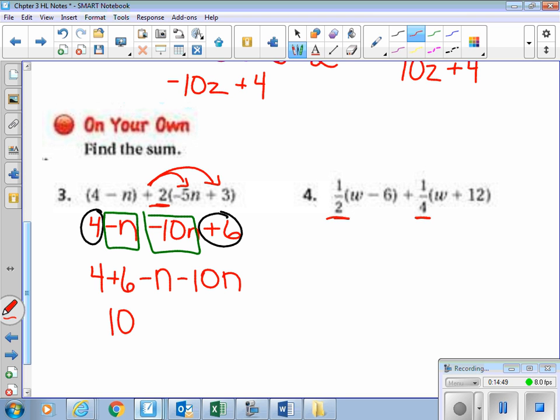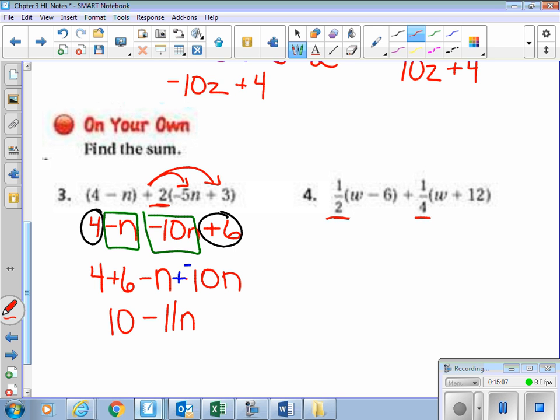Negative n minus 10n. When we subtract, remember we add its opposite, so that becomes negative n plus negative 10n. A negative plus a negative is a negative. 1 plus 10 would give me a negative 11n.